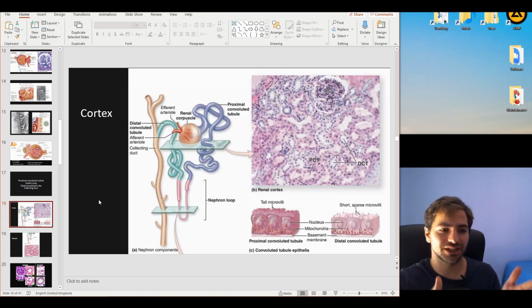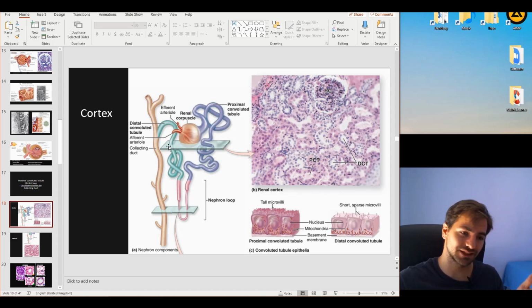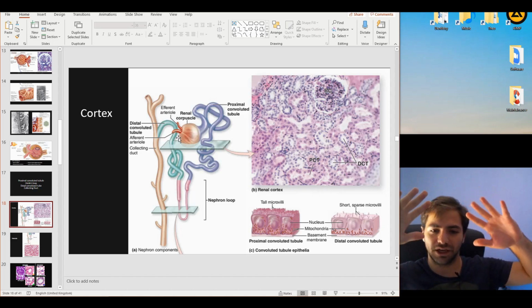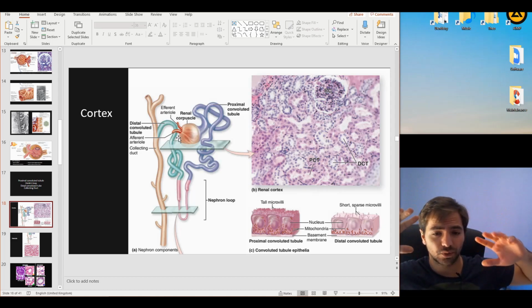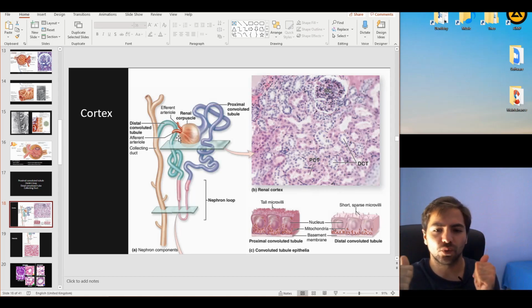So here we're going to see this section of the cortex. Again, keep in mind that the renal corpuscle should always be within the cortex, either close to the medulla, the juxtamedullary ones, or the cortical ones, and proportionally only 1 out of 7, if I'm not wrong, are juxtamedullary.